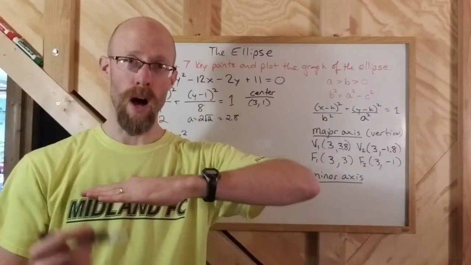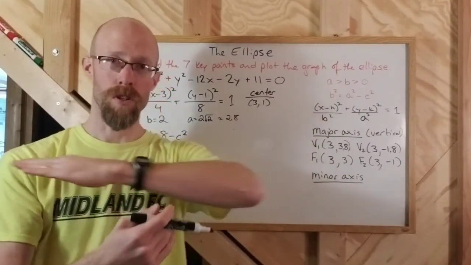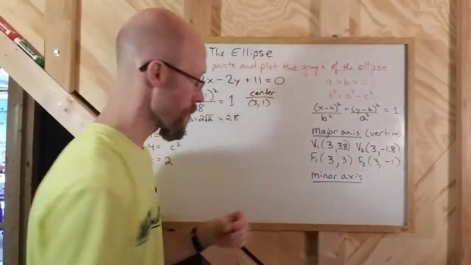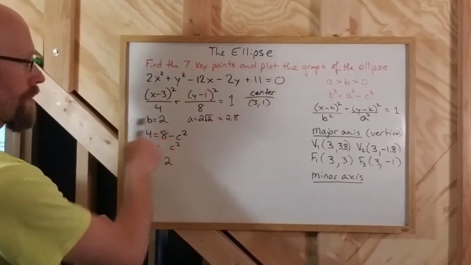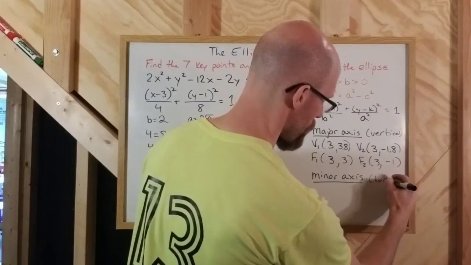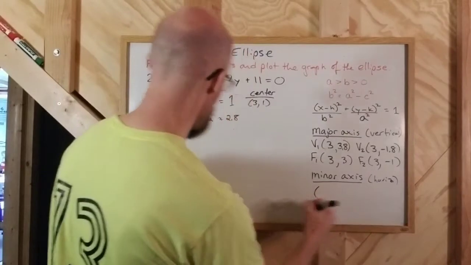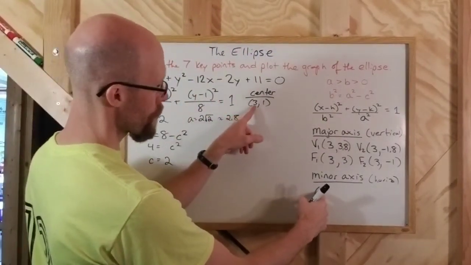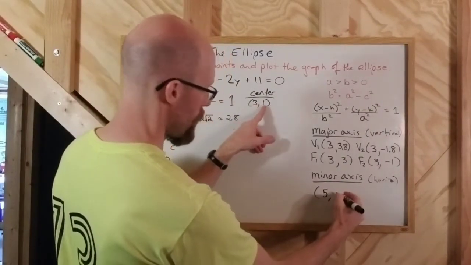You fix the y value, everything is horizontal, and you just shift the x's back and forth. So for the minor axis, we're looking at the b, and that's going to be in the horizontal, or the x component. So you take the b, put it in for the x, but then you've got to add the 3 in, so that's going to give you 5 comma 1.